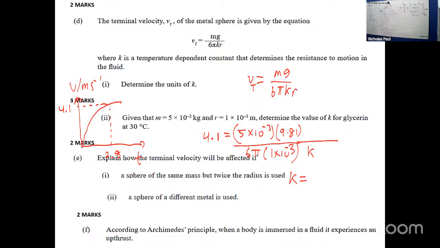Rearrange, tell me what you get for η. How much? Maria's got 1.58.